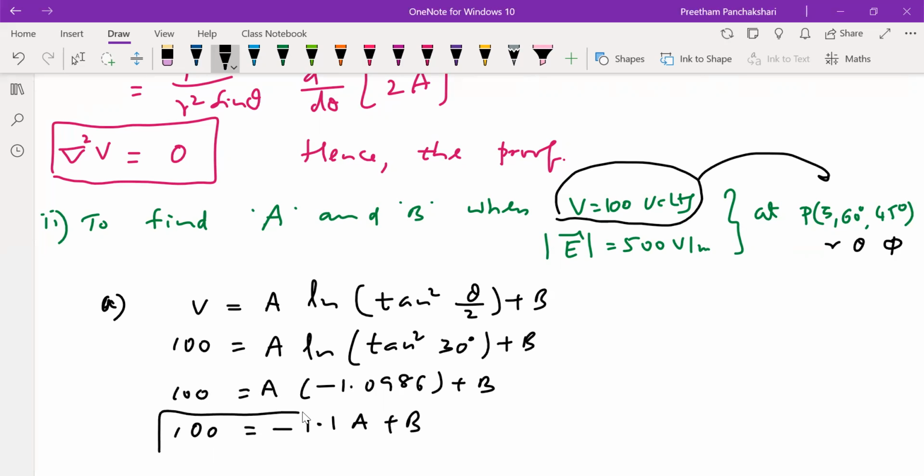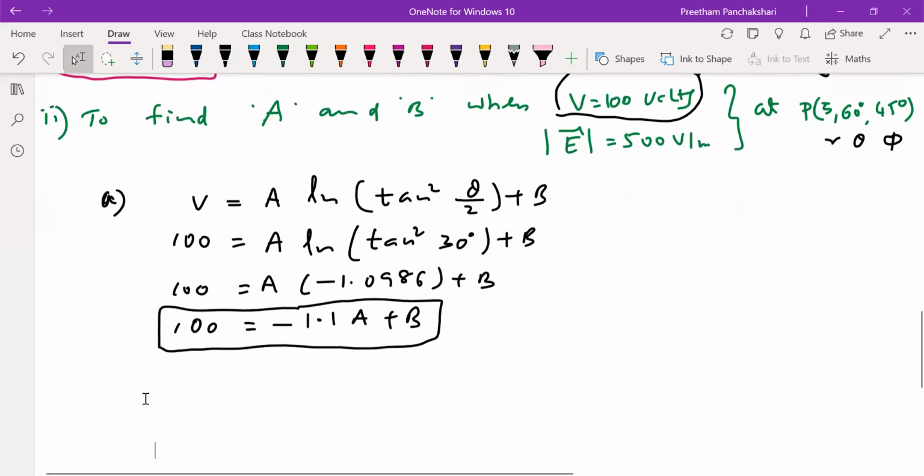If you want to proceed with the exact value, no problem, that is appreciated. Let us call this equation number 1.